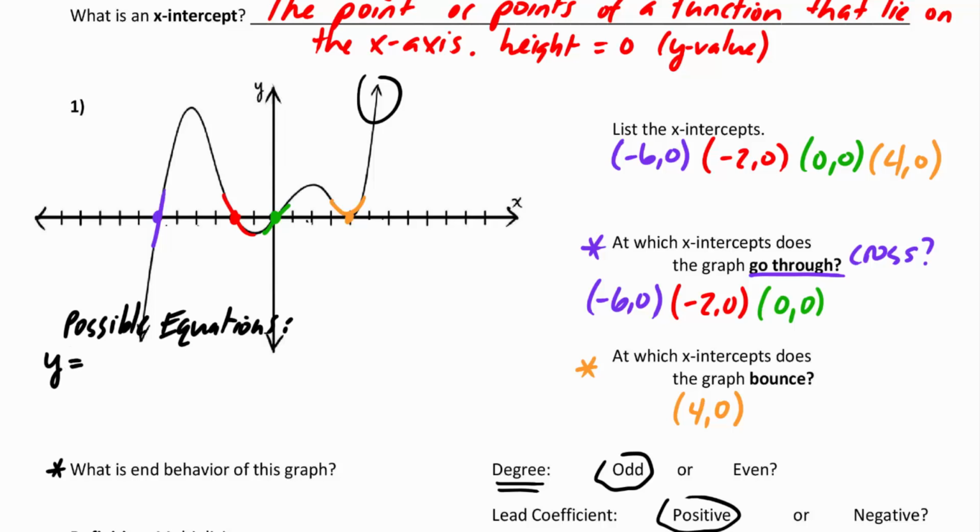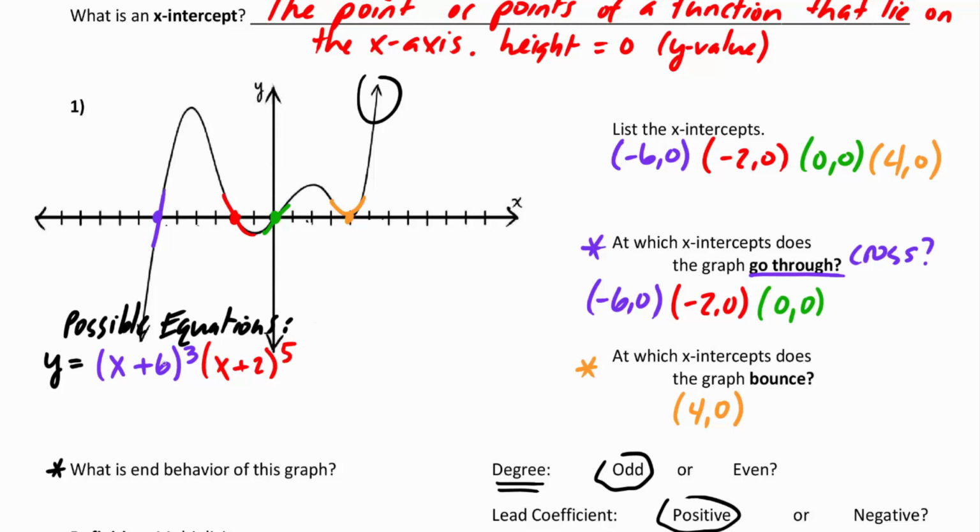Y equals, and then I'm going to color code so you can see kind of how this pattern maybe fits. Notice I'm going to write x and then plus 6 to the third. So my first chunk of this equation is x plus 6 to the third power. Then I have a chunk x plus 2 raised to the fifth power.